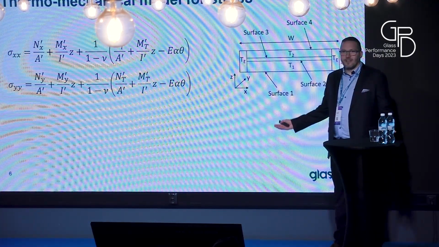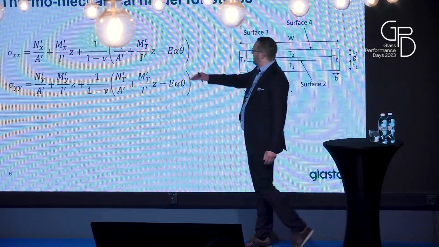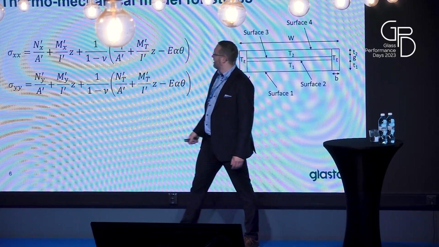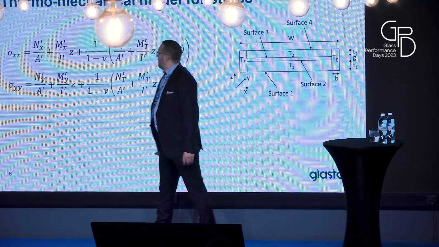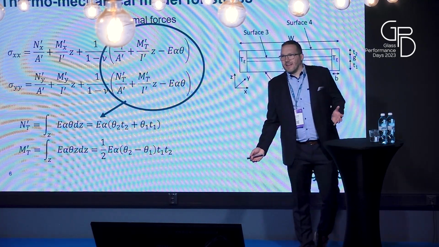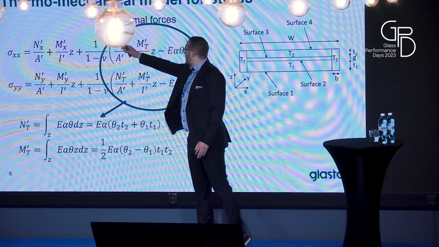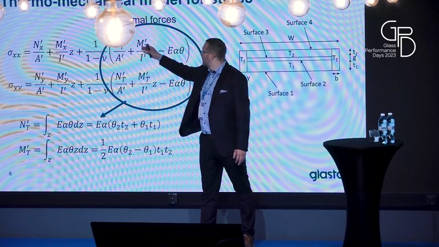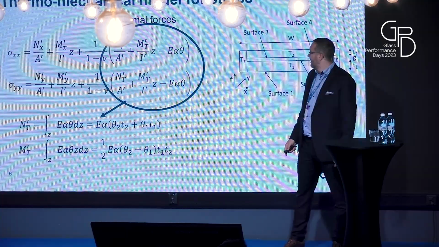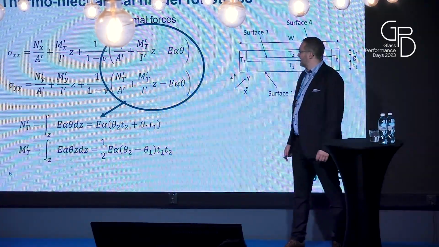Some equations, I know that you all love these ones, but the basic equation for stresses. There are some external moments and the thermal part. The main thing in this presentation is to focus on the thermal part. So there is a thermal force and thermal bending. And then there is also expansion, or shrinking, coming from temperature change, which also affects the stresses.